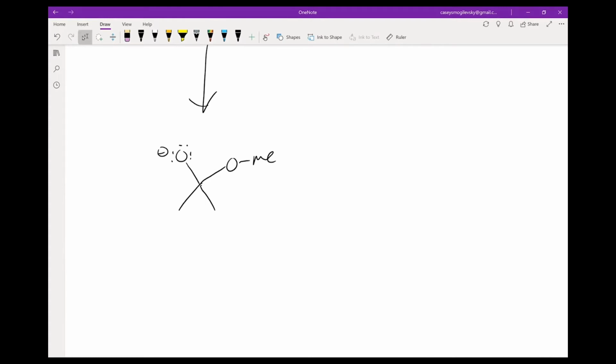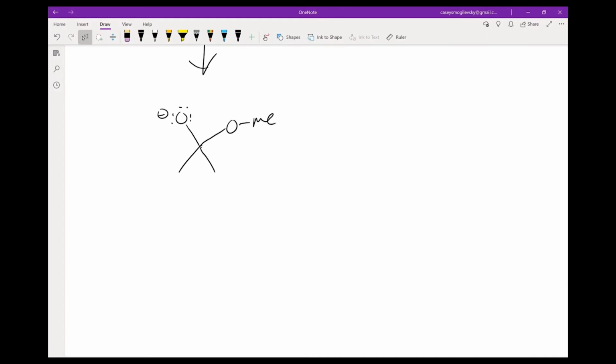So now we have this as our product, but this negatively charged deprotonated oxygen right here is very, very unhappy. So it's just going to take a proton from the nearest proton donor, and in this case, that'll just be another methanol.